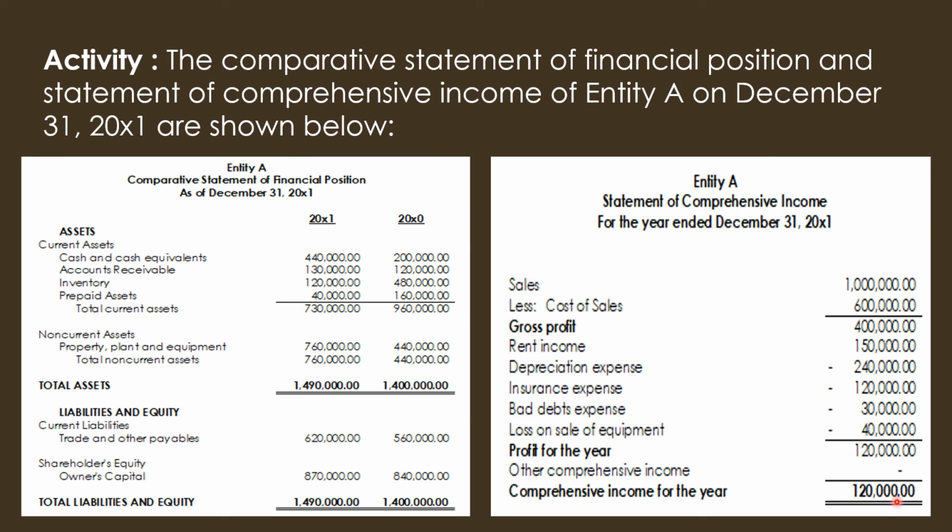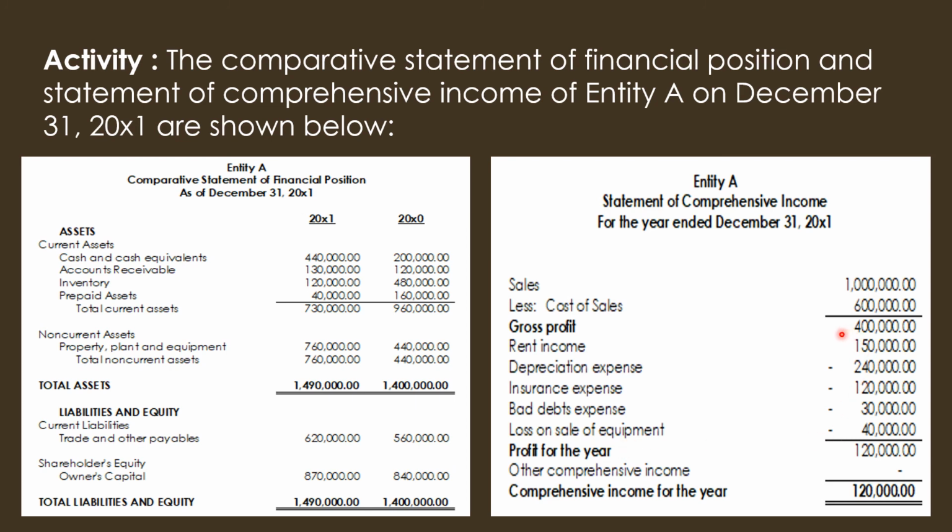While for the statement of comprehensive income, we started with sales, then cost of sales, so we arrived at our gross profit. And then there is an additional income, which is the rent income. And these are the operating expenses: depreciation, insurance, bad debts. And lastly, we have other expenses, which is the loss on sale of equipment.